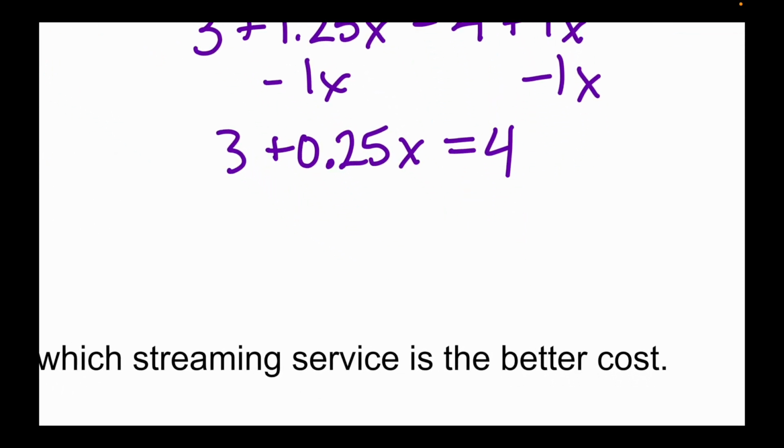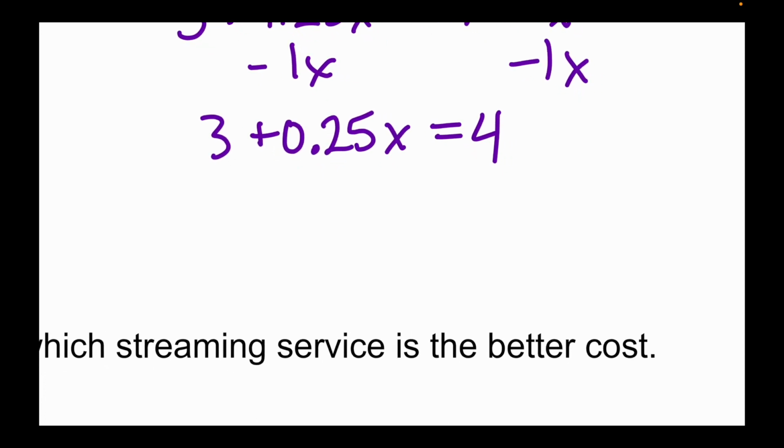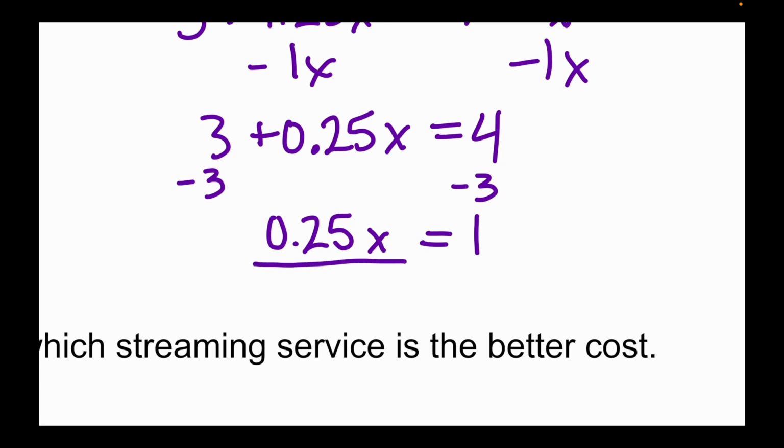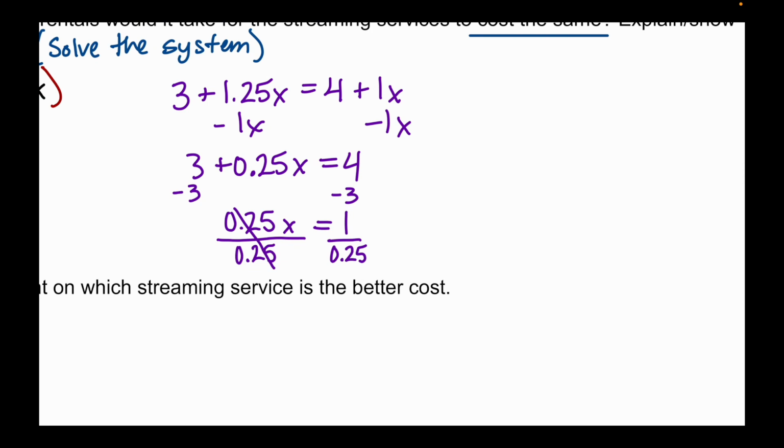And then, let's zoom in here so you can see my work a little better. Let's subtract this 3 from both sides so that I'm starting to get x by itself. 0.25 times x equals 4 minus 3, which is 1. Last step is to divide by 0.25 on both sides. Plug that into your calculator, and you'll get that x is equal to 4.